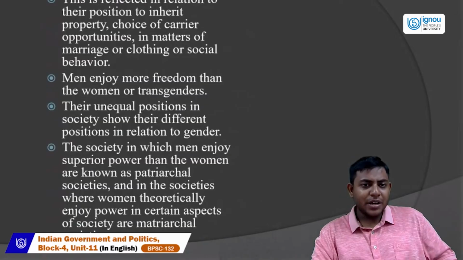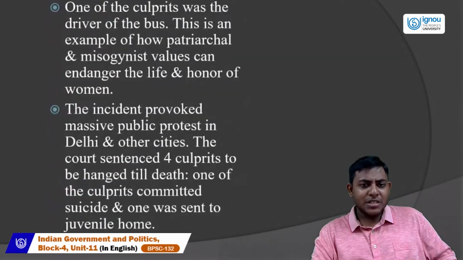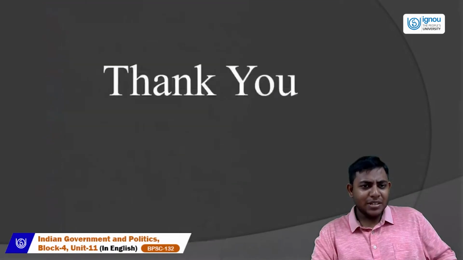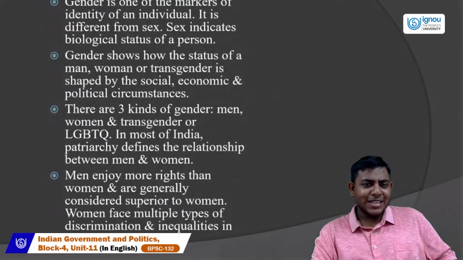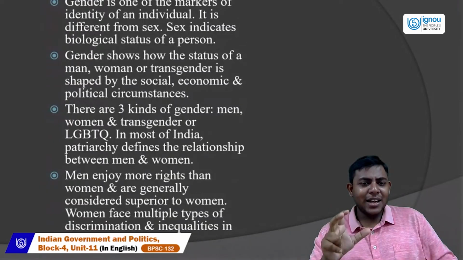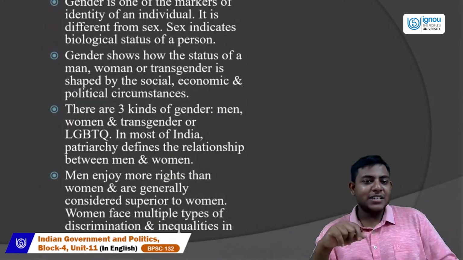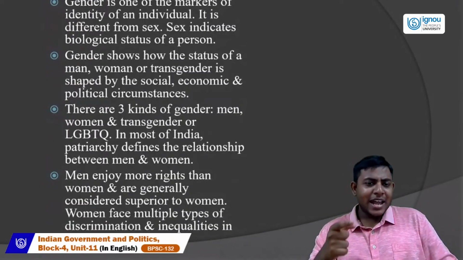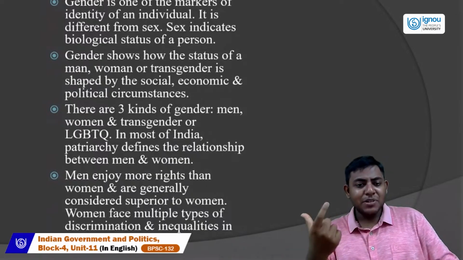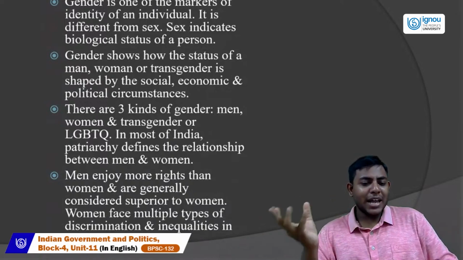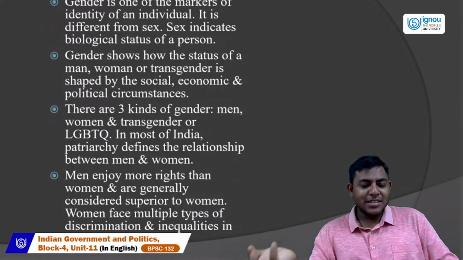And as part of gender, which is the second unit that we discussed today, that is the 11th unit of this paper, we discussed that there is a difference between gender and sex. Sex indicates the biological status of a person, and gender shows how the status of a man, woman, or transgender is shaped by social, economic, and political circumstances.